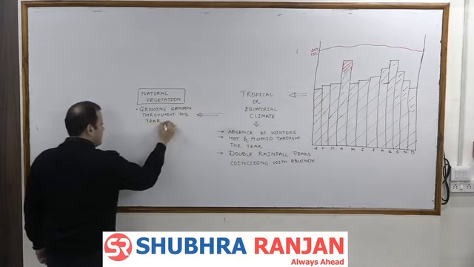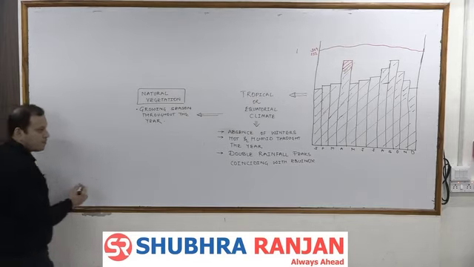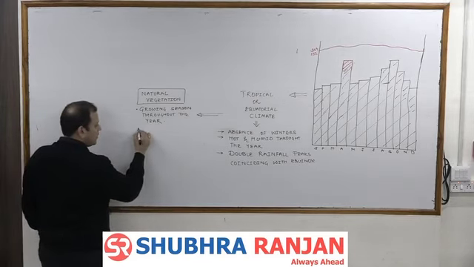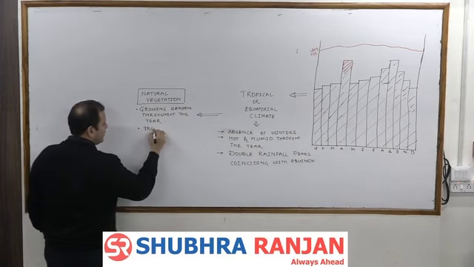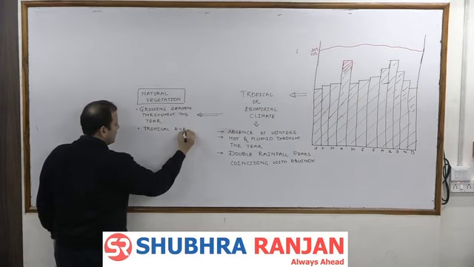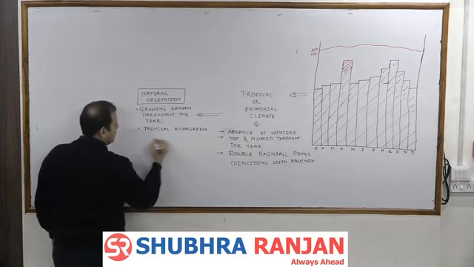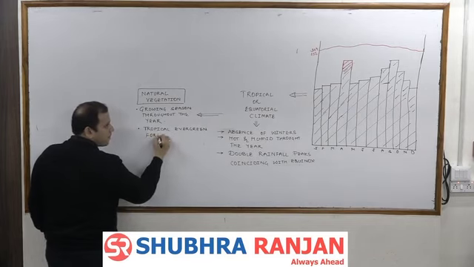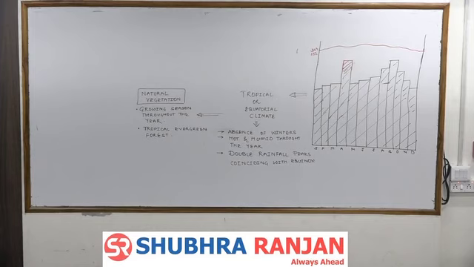Now this means that the trees can shed the leaves in any season and can grow leaves in any season, and therefore because they have growing season throughout the year, vegetation is very dense, tropical evergreen forest. It is very dense tropical evergreen forest.